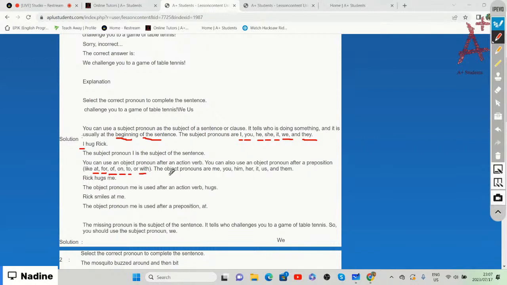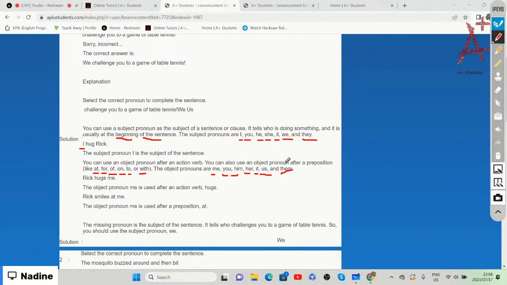You can find the start of your sentence and then either your preposition and then your object pronoun, or you can have your action verb and then your object pronoun. The object pronouns are me, you, him, her, it, us, and them.